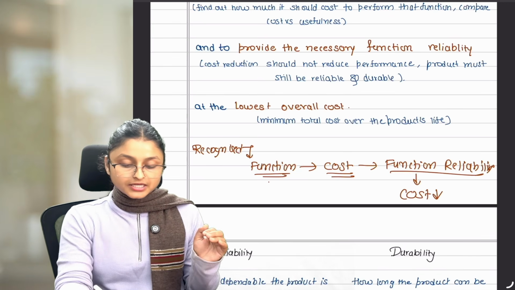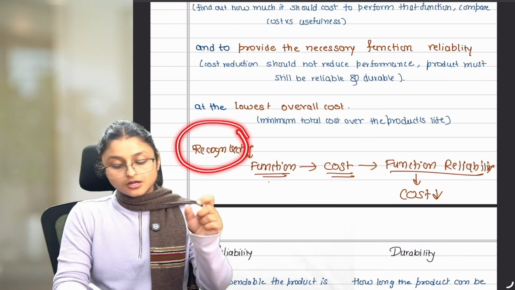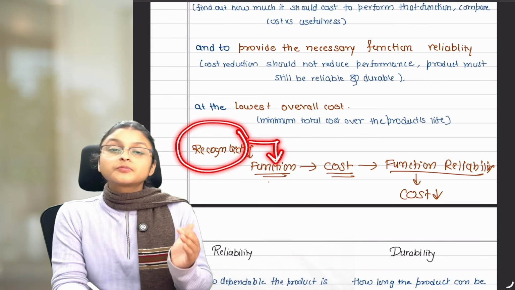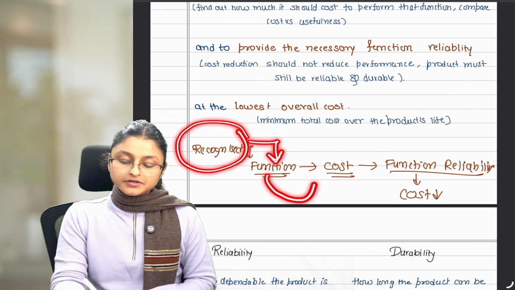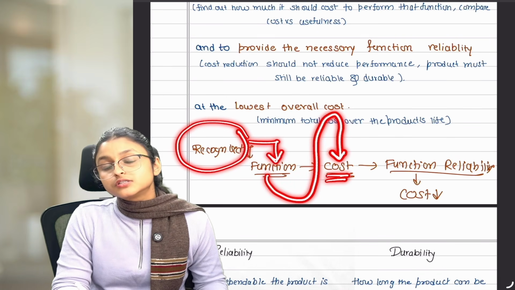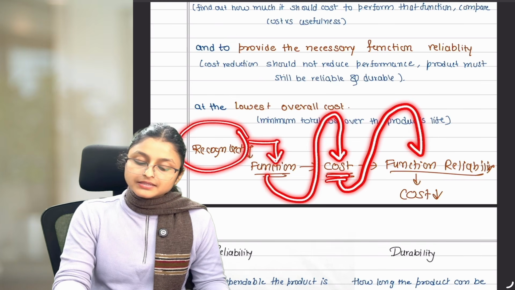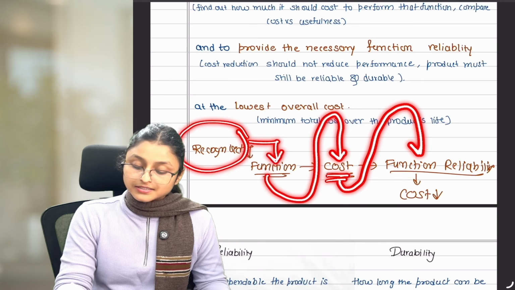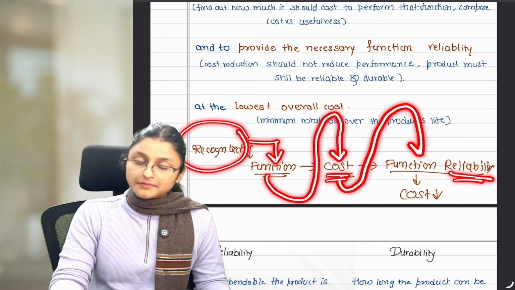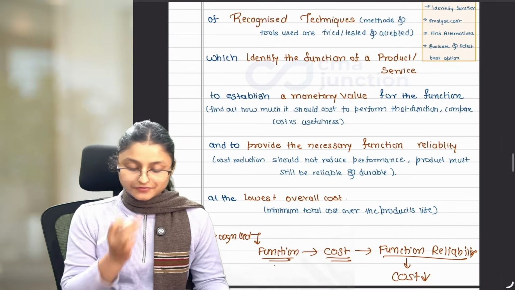So in value analysis, we use a recognized technique first to find out what all functions our product is performing. Then we will find out the monetary value of the function, like how much cost is incurred to perform that function right now. Then we'll try to keep that function as it is, keep that function reliable, and try to reduce the cost. And that is what this definition is saying.